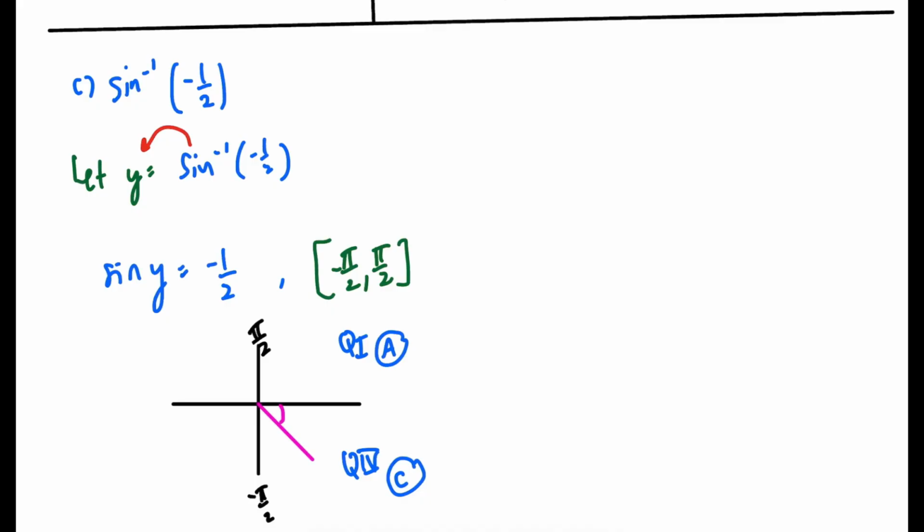So let's find the reference angle. At what angle will sine y be half? We know that sine π/6 is equal to half, so your reference angle here will be π/6. In order to read your final answer, we need to read it in quadrant 4.